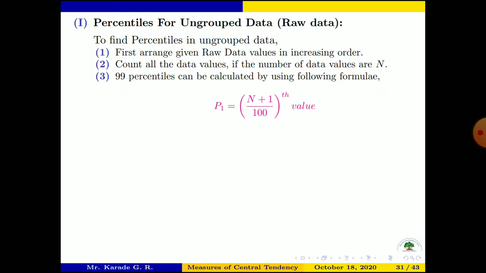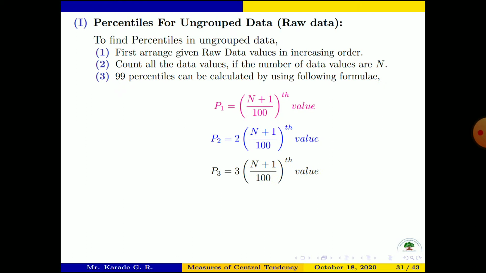If we want to find the first percentile, say P1, that first percentile is nothing but the (n plus 1) divided by 100th value of the given data. Now the second percentile, P2, is nothing but 2 times (n plus 1) divided by 100th value of the given data.